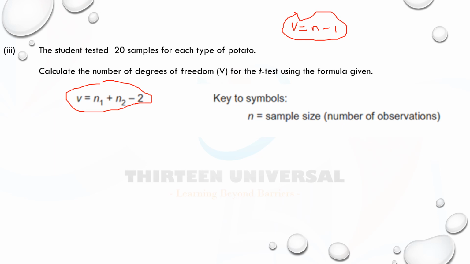So they say calculate the number of degrees. You know that the two populations are 1, so n1 is 20. I think the formula has a typo there, so it should be n1 minus 1, plus n2 minus 1.